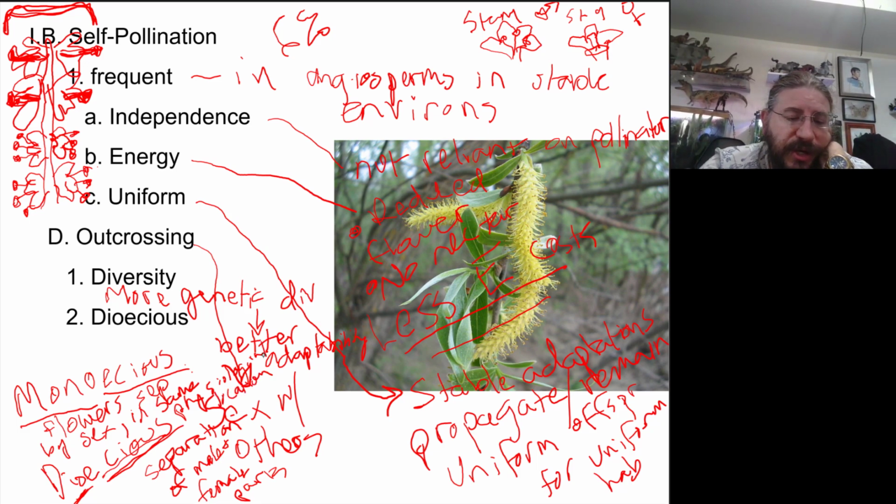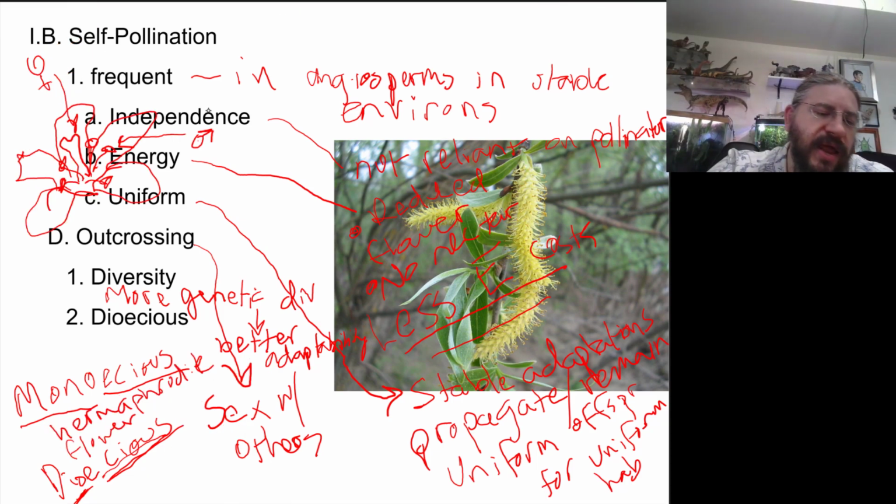Wow, that is getting hard to read. So the same physiological location, the same spot on the plant, the same spike of flowers. A dioecious plant has flowers with separate sexes.